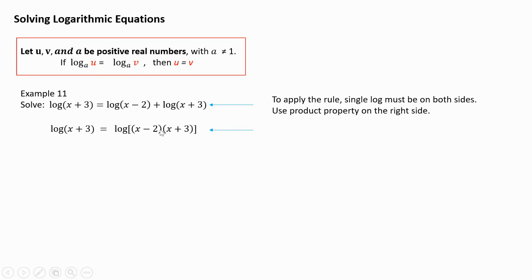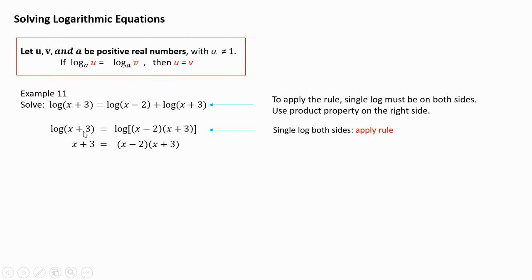When you apply the product property, you separate them and put a plus in between with a log of each term. Now you have a single log on both sides. Now we can apply the rule.